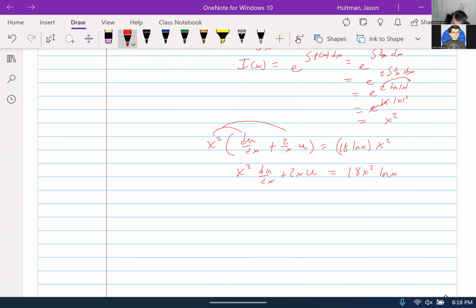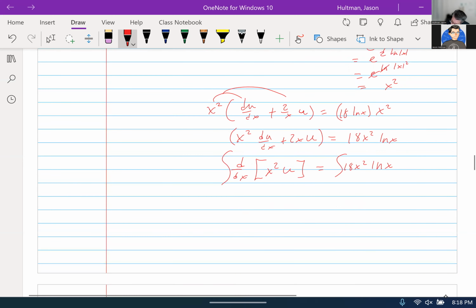Okay, it's looking good. We can product rule this guy. Okay, product rule that guy by saying d/dx of x squared u, right? Because if I take the derivative of u, I get du/dx. If I take the derivative of x squared, I get 2x. So there we go. Okay, is equal to 18x squared ln of x. So now I'm just going to integrate both sides.